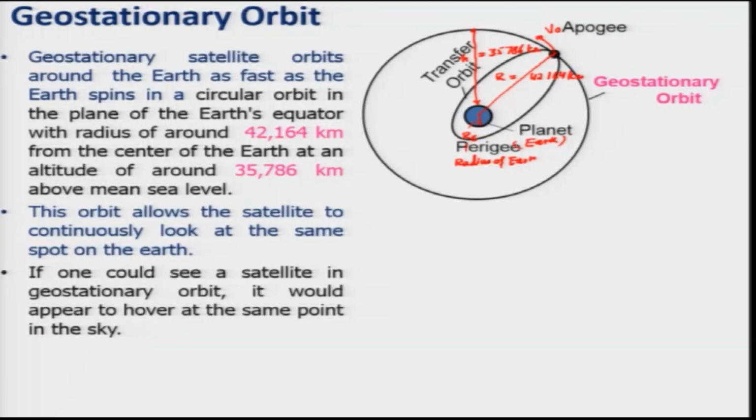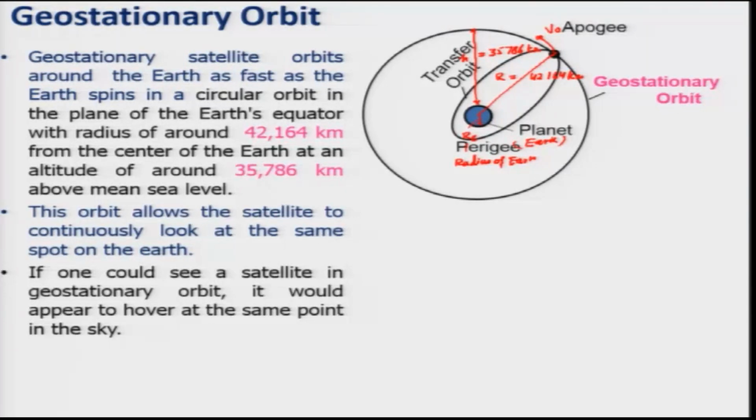But the problem with this satellite, as I told earlier, is that it can see only around the equatorial region. It cannot see the polar and other portions, and cannot scan the entire globe.